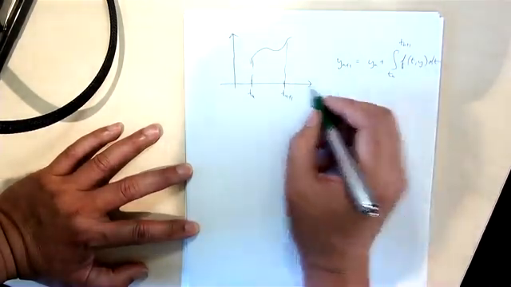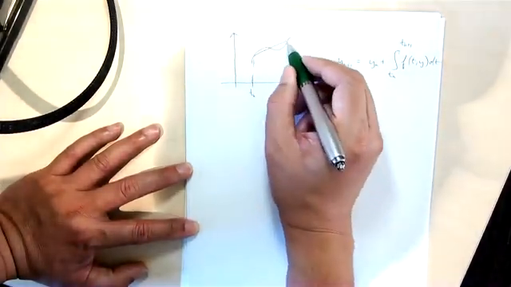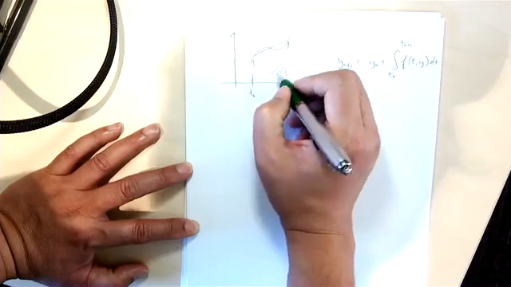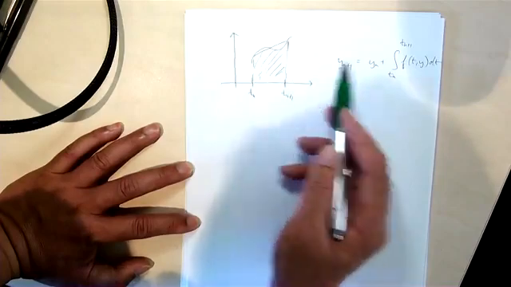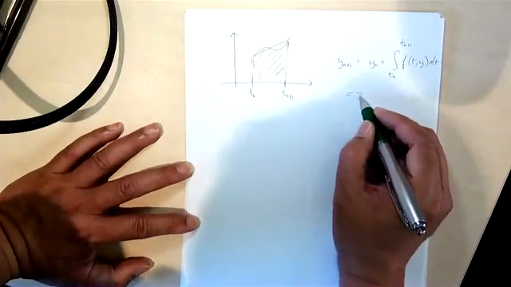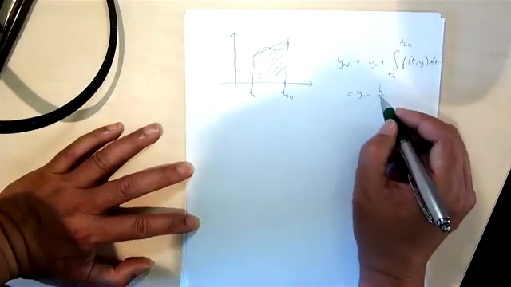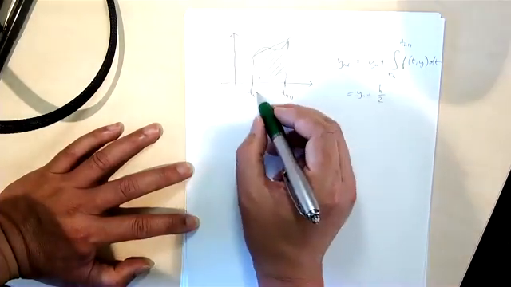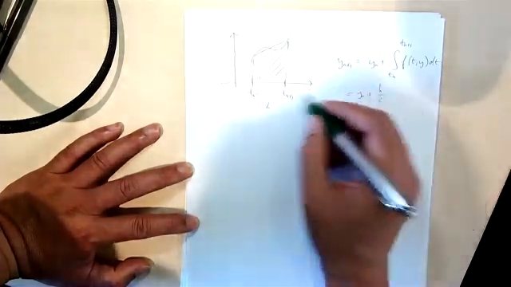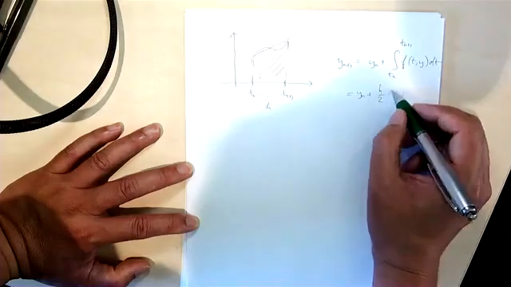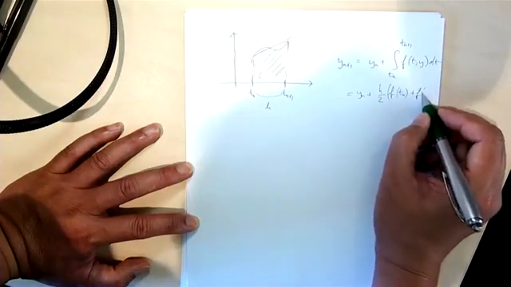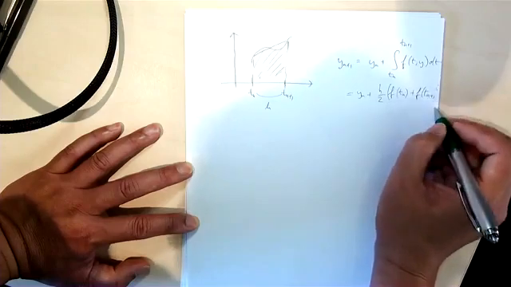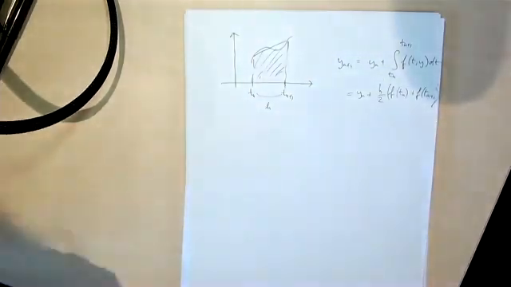And then you approximate by the area of the trapezoid that goes from here to here. Then it will become yn plus h over 2, where h is this gap, this step, times f of Tn plus f of Tn plus 1. So this one is just the trapezoidal method.